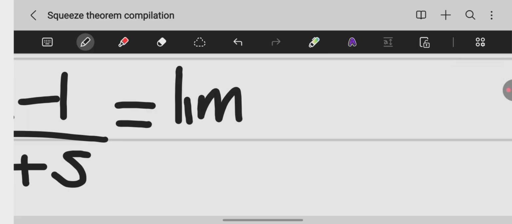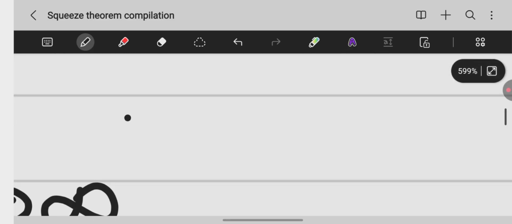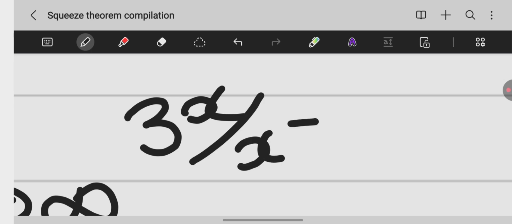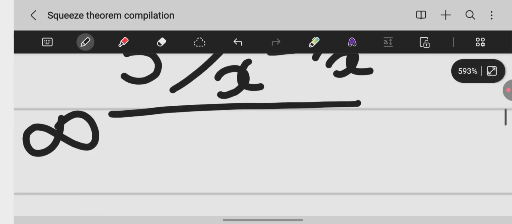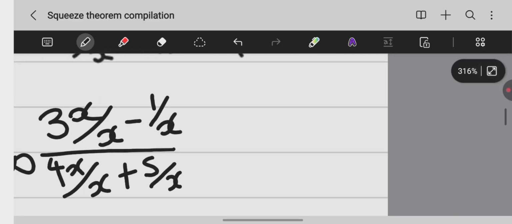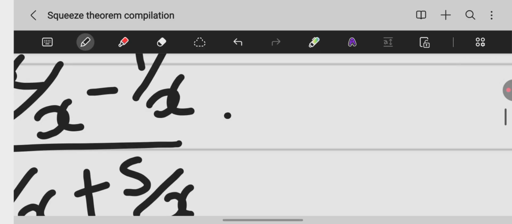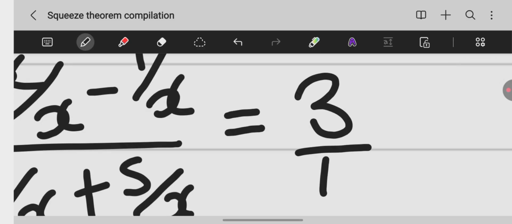This would be the same as the limit as x approaches infinity. Highest degree is still x, 3x over x minus 1 over x, 4x over x plus 5 over x. If you think of it again, this is 3, this is 0, that's 4, and that's 0. So this is equal to 3 over 4.